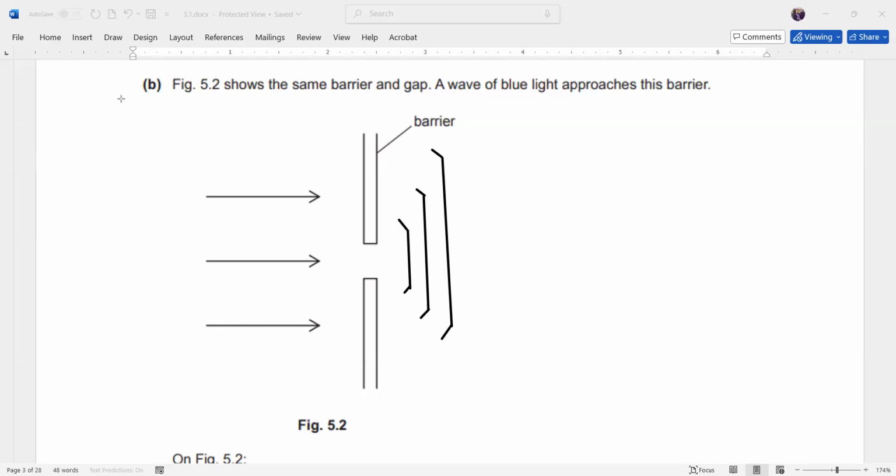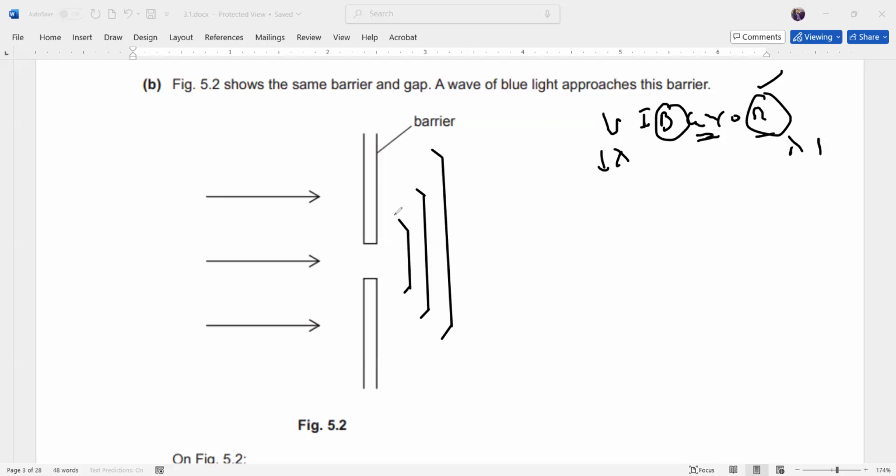Because you have the order: violet, indigo, blue, green, yellow, orange, and red. Red has the longest wavelength and violet has the shortest wavelength. The first example we had was red, which had more diffraction. Now in this example we have blue. But what if we have green? It will diffract more than blue but less than red.